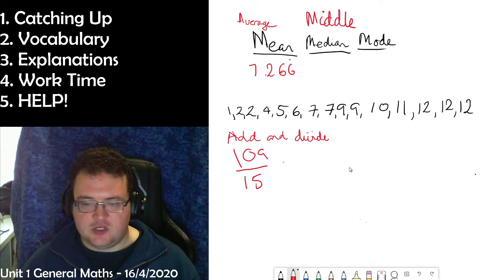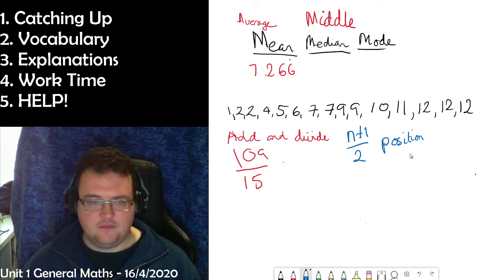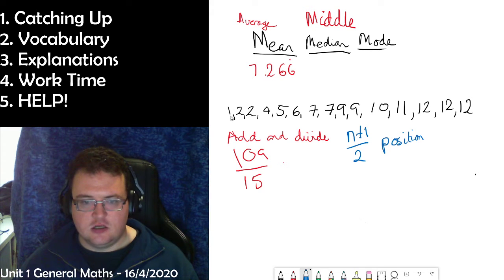Remember, what we do is we find the number in the (n plus 1) over 2 position. So since I have 15 numbers, 15 plus 1 is 16, divided by 2 is 8. I need to find the 8th number along. Remember, your data must be sorted smallest to largest so that we can find it. So 1, 2, 3, 4, 5, 6, 7, 8.